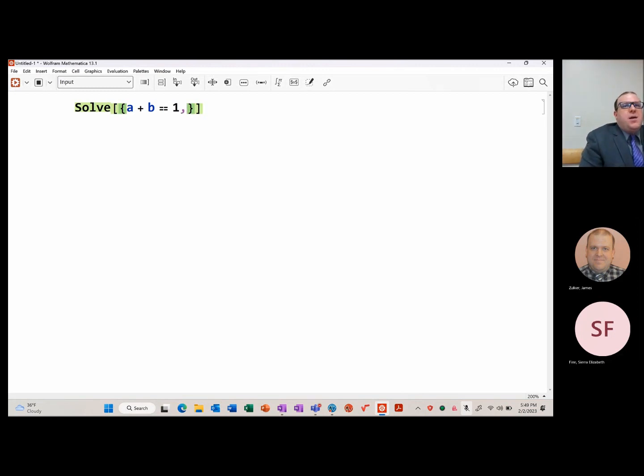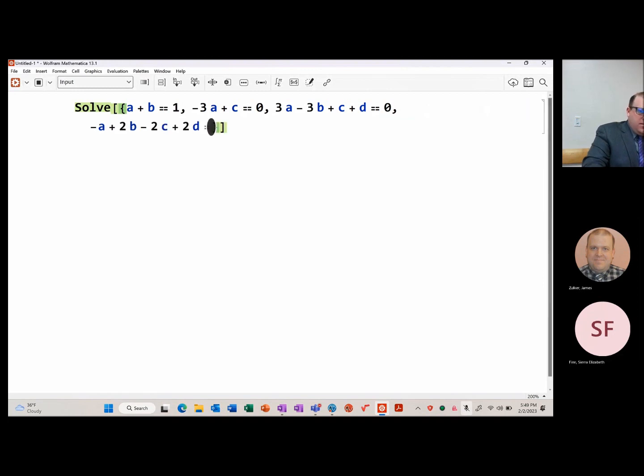Separate each equation by a comma. Second equation was negative 3A plus C is equal to 0. Third equation was 3A minus 3B plus C plus D is equal to 0. And then finally, negative A plus 2B minus 2C plus 2D is equal to 1.